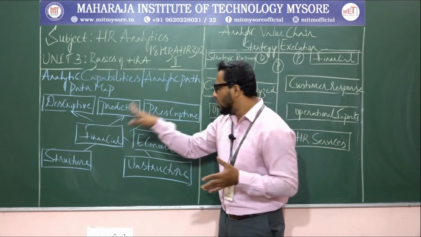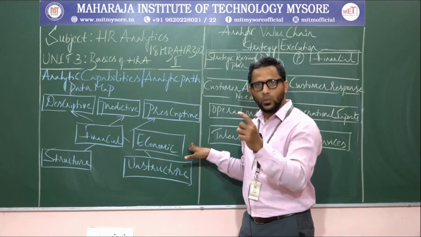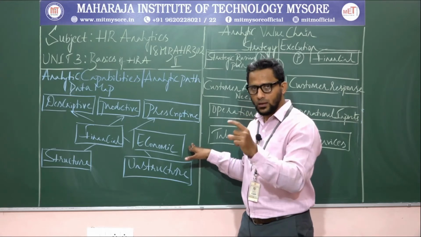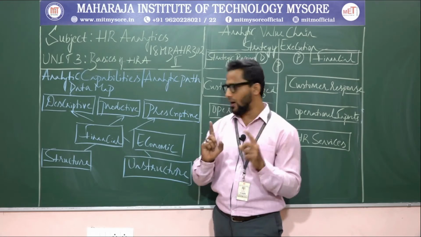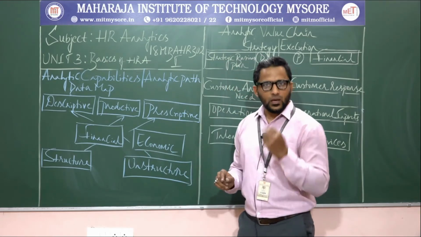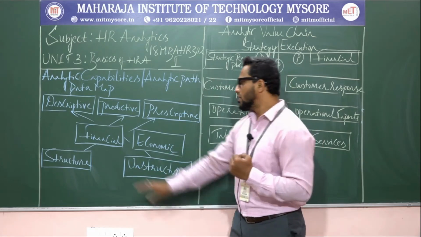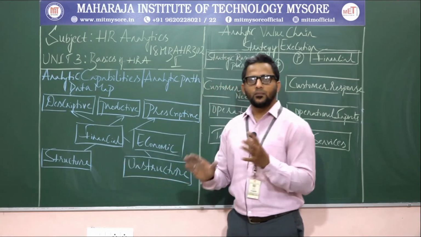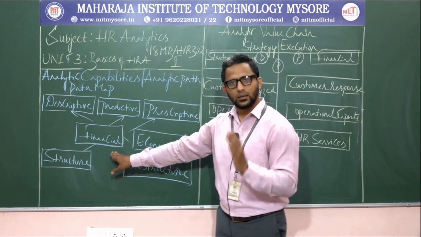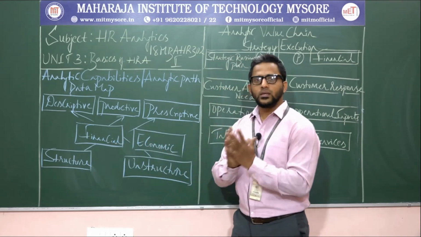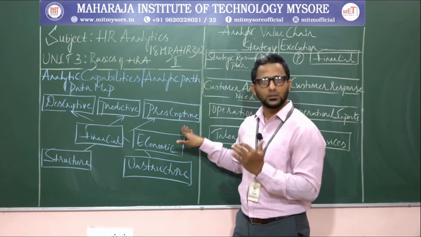What we are doing is keeping the economic value and the financial value always in mind. You have the two kinds of data always in mind, and we can also understand here that you have got structured and unstructured. Structured is nothing but the financial data, and as the name itself says, it covers the predictive as well as the prescriptive.